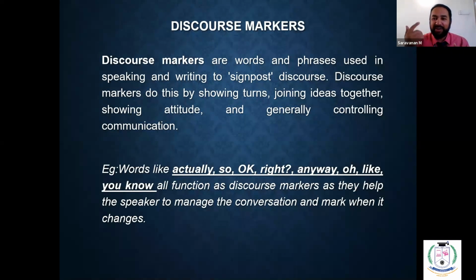All function as discourse markers, as they help the speaker manage the conversation and mark when it changes. Understood? When you're unable to continue, when you're not able to get any words, when you're stuck in between, these markers come as a rescue.